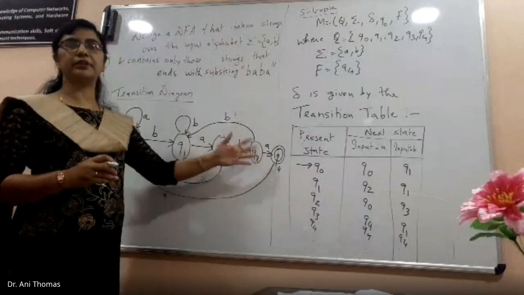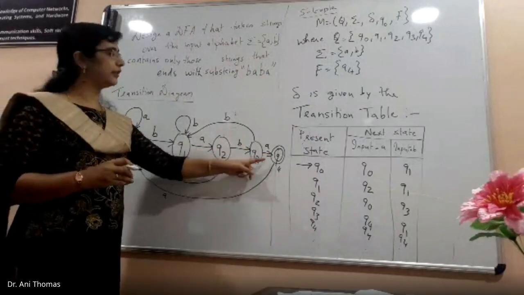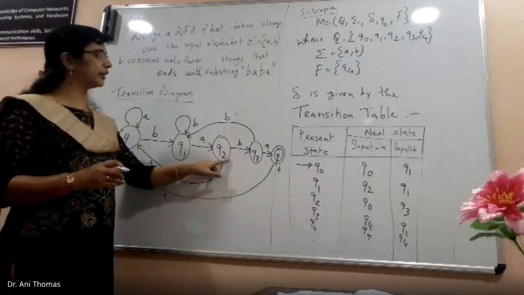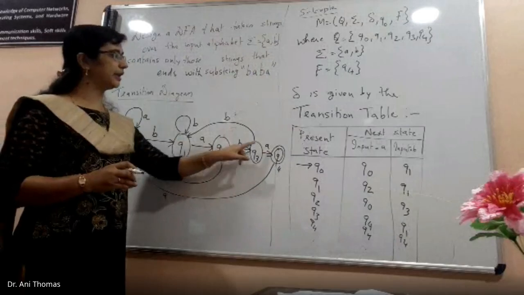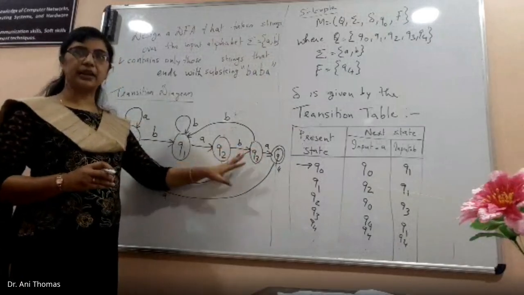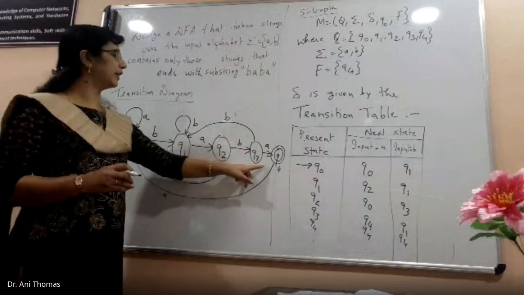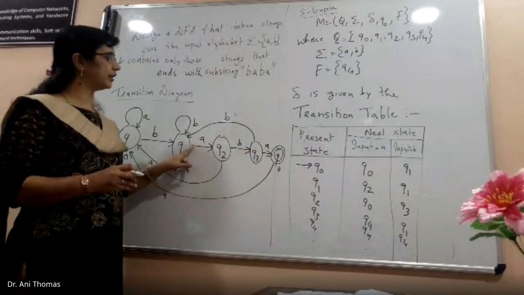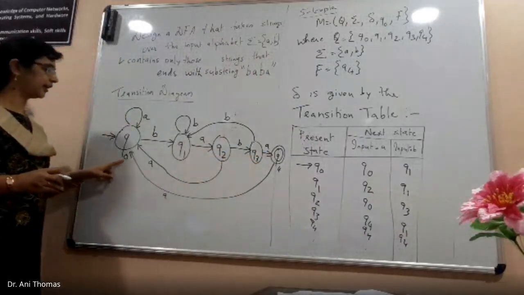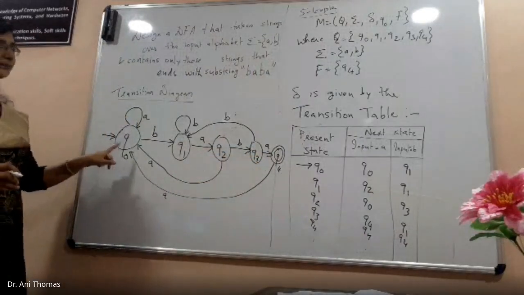B A, and it will end with BA, which we don't want. So we cannot put it over here. If we put A over here, it makes BA with some extra A coming in between. So we have to put A to Q0.